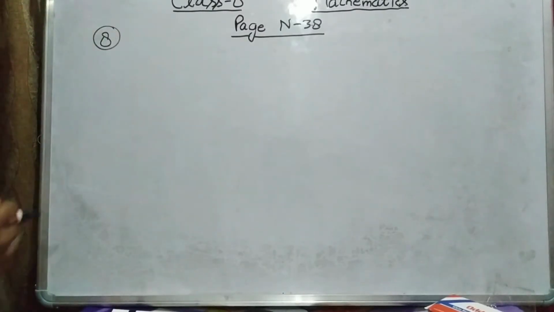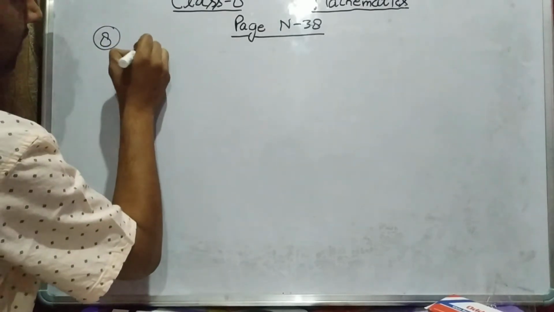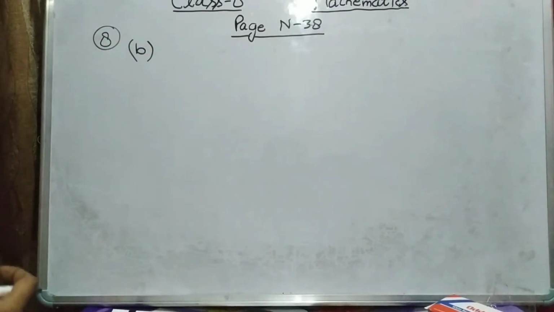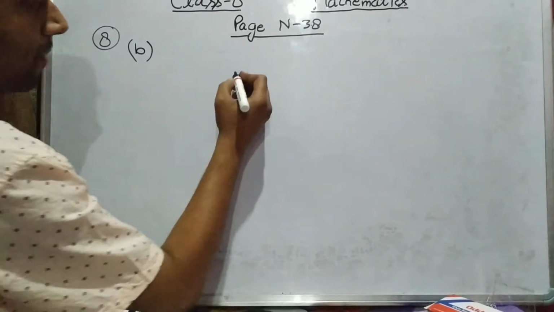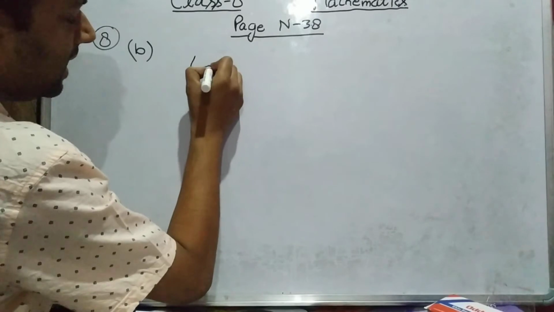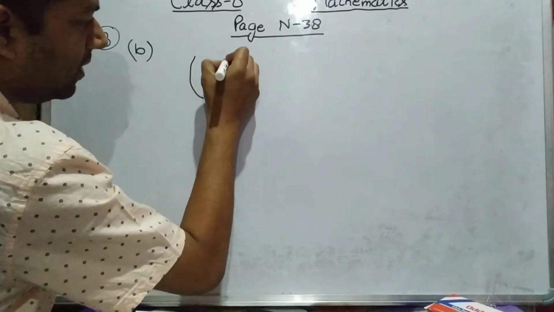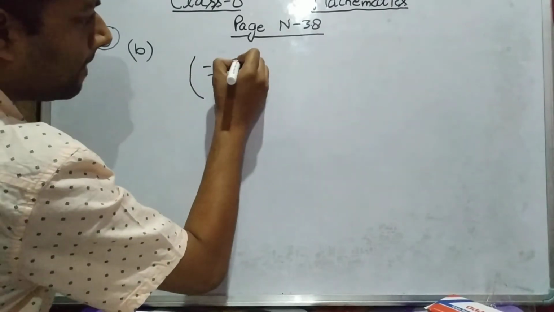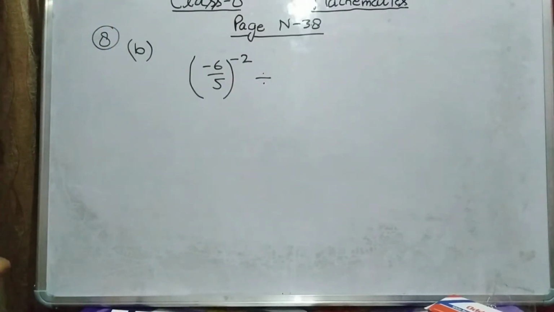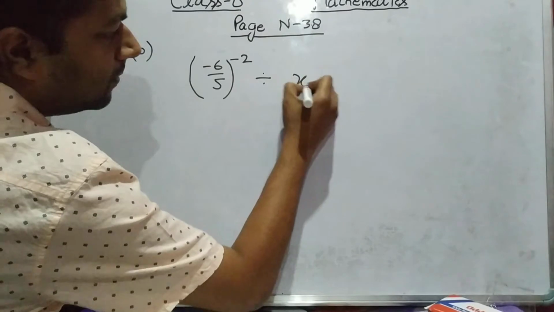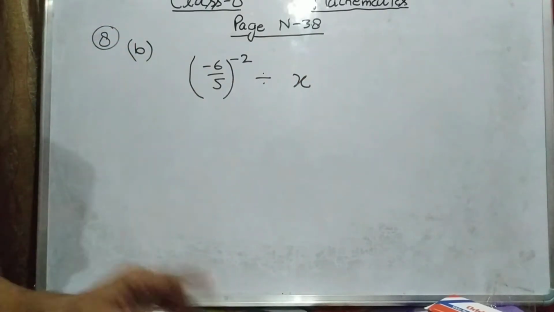Take another question, question number 8. Let us take any part, B part. By what number should minus 6 upon 5 to the power minus 2 be divided? Read the statement carefully so that there will not be any chance of mistake.